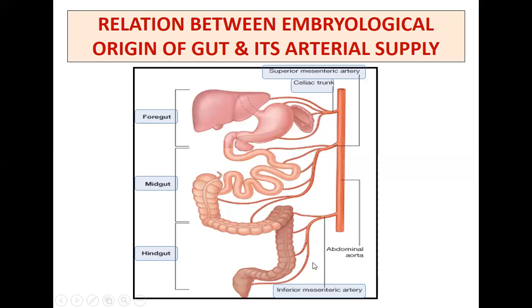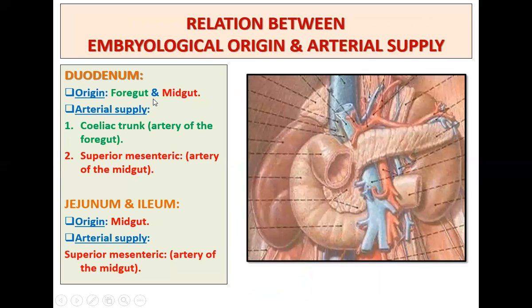These are the three arteries which supply most of the gut, the intestines. So the foregut is supplied by the celiac trunk, the midgut by the superior mesenteric artery, and the hindgut by the inferior mesenteric artery. If you understand this concept, then you will easily understand the blood supply for the small intestine as well as the large intestine.